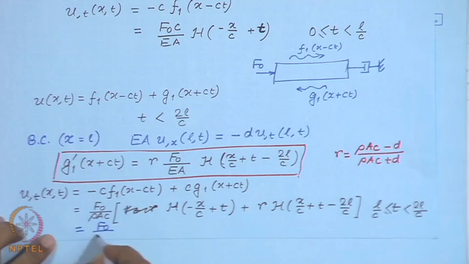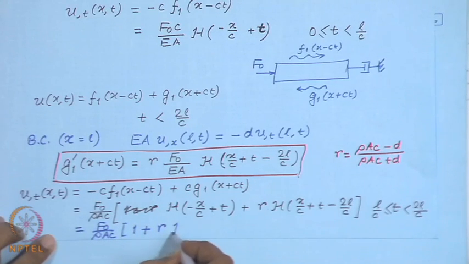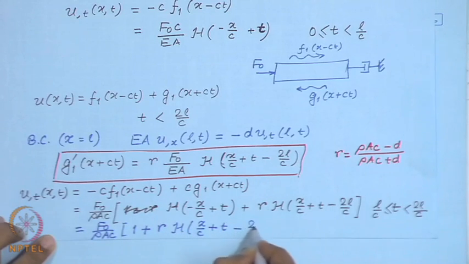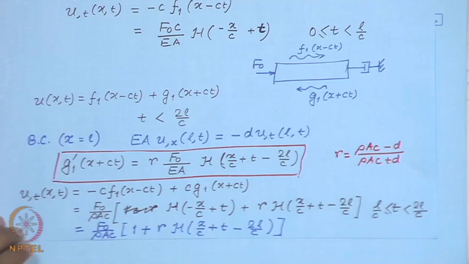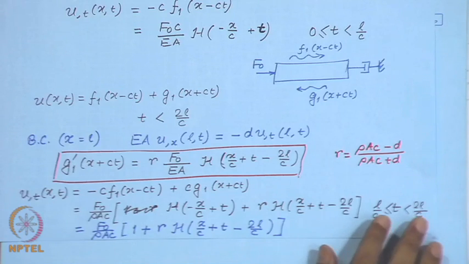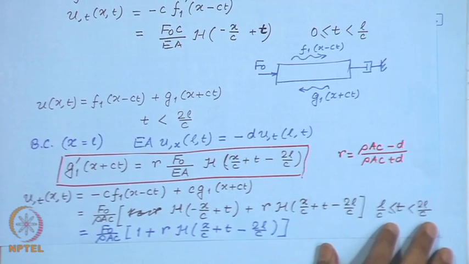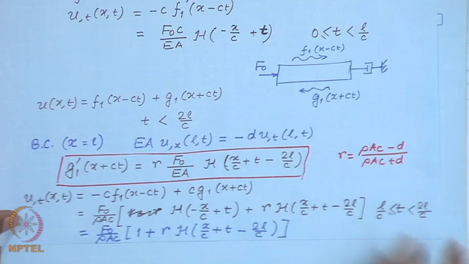So, this gets simplified, so this is the velocity of the bar in this time interval.